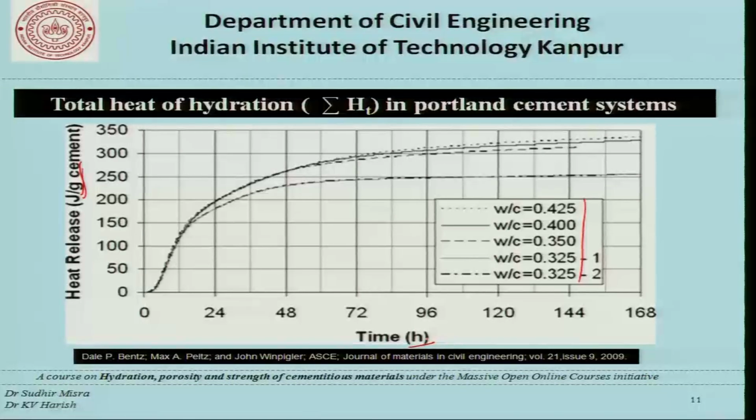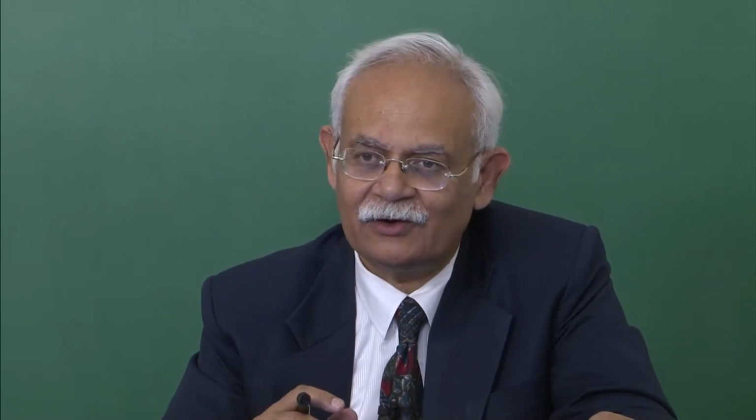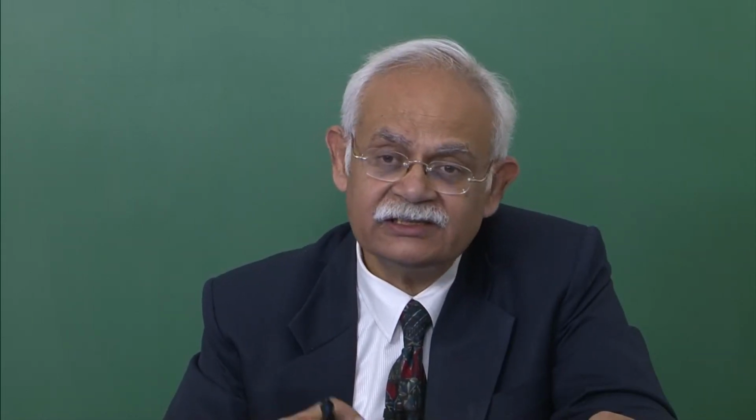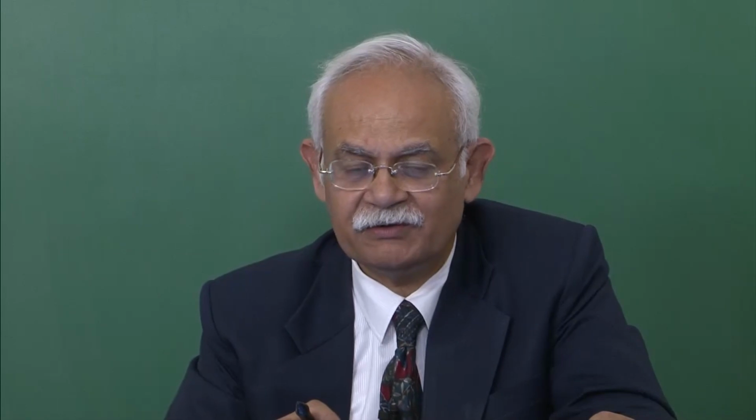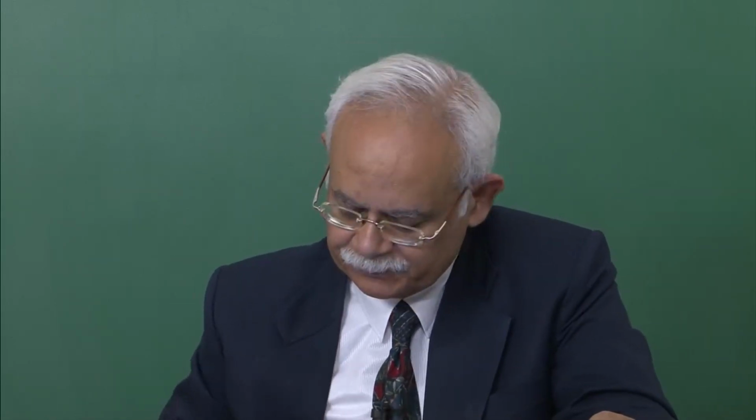So here we see that depending on the water cement ratio and so on, the heat liberated could be of the order of about 300 to 350 or in some cases 250 joules per gram. It is important for us to have a feel of the numbers which are involved, because these numbers become the basis for characterization of different cements.